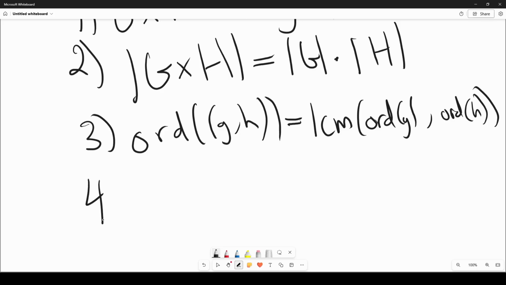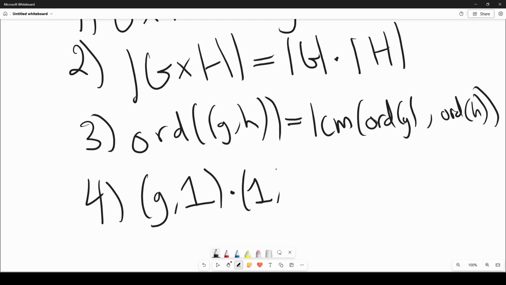And then the fourth property is that you have this thing where certain elements automatically commute. For example, if you took (g, 1) and you multiplied it with (1, h), you're going to get the same thing as (1, h) multiplied by (g, 1).